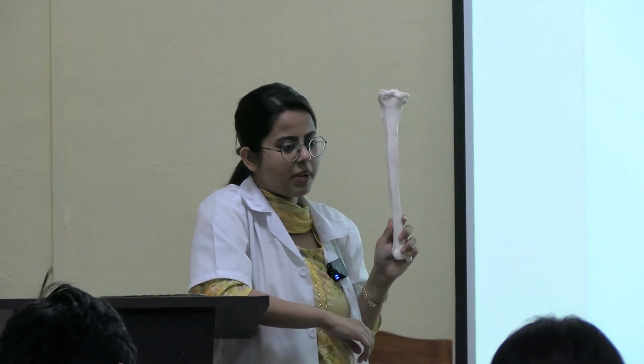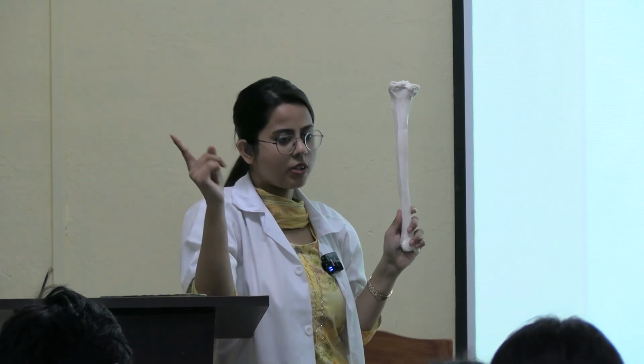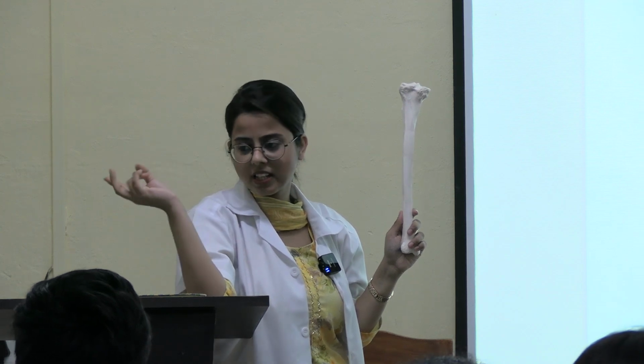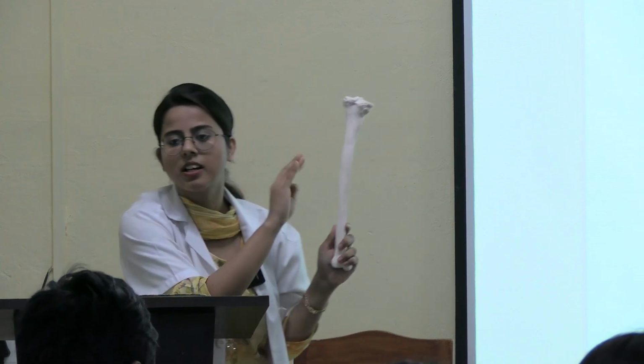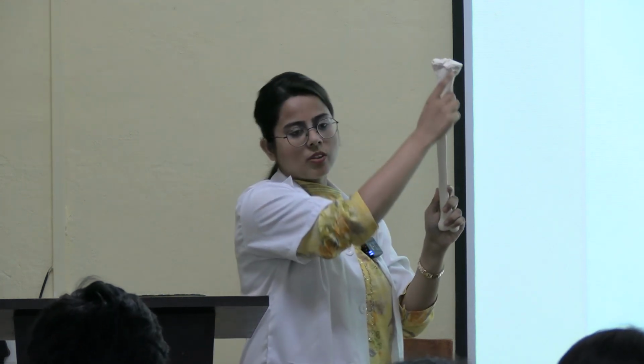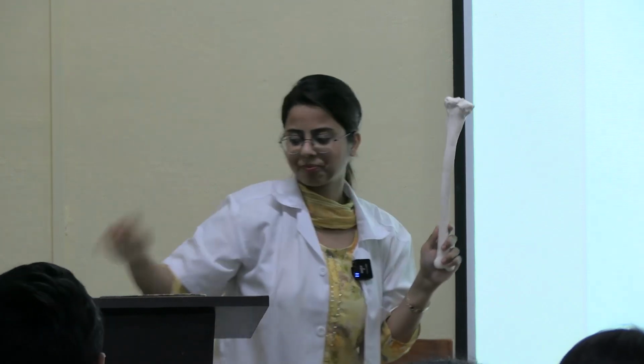These three structures will be attached. First is soleus muscle, second is fascia covering popliteus and soleus muscle, and third is deep fascia of leg. Clear? In this upper triangular part, popliteus muscle will be attached. Clear?